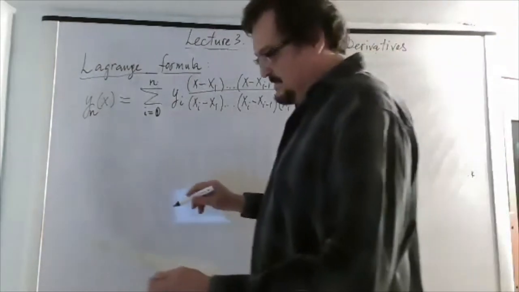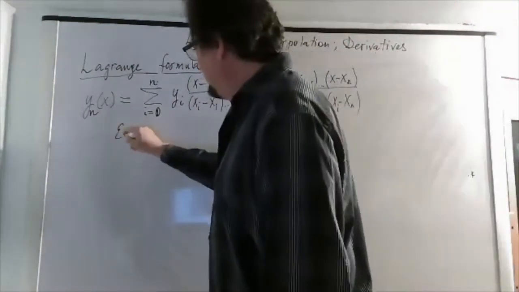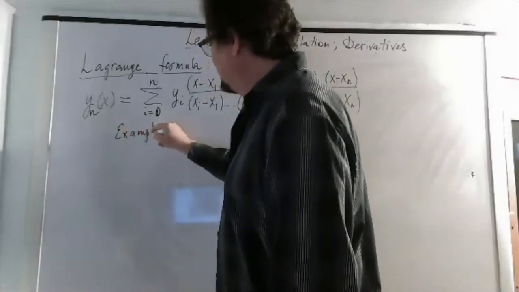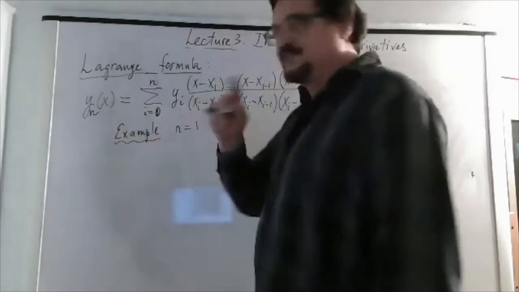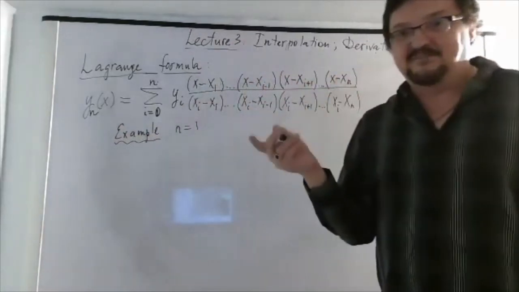Okay, so let's take an example. How actually does it work or not? So example, let's say that n equal to 1. So this is first order polynomial or linear interpolation.